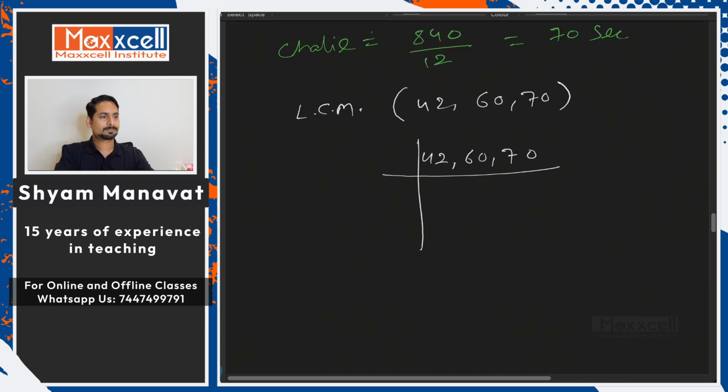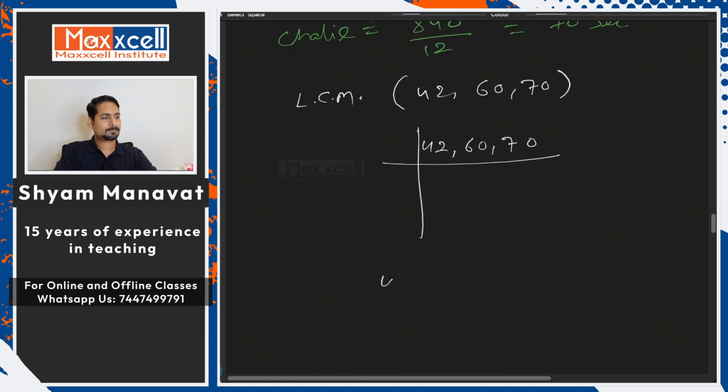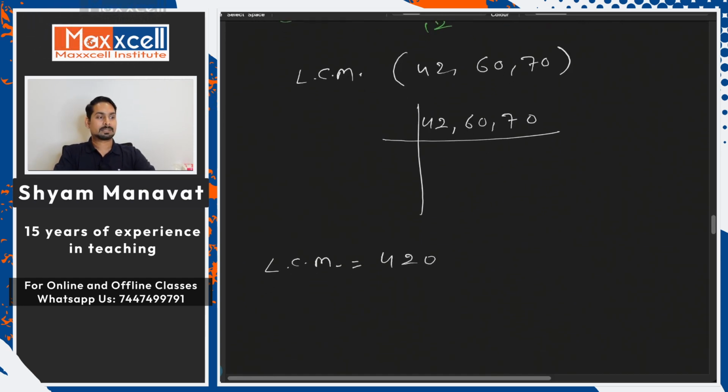You will get 420 as the LCM. That means they are going to meet after 420 seconds at the starting point. They will be together at the starting point again after 420 seconds.